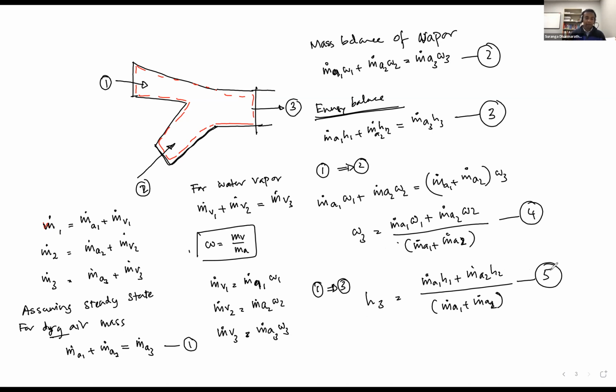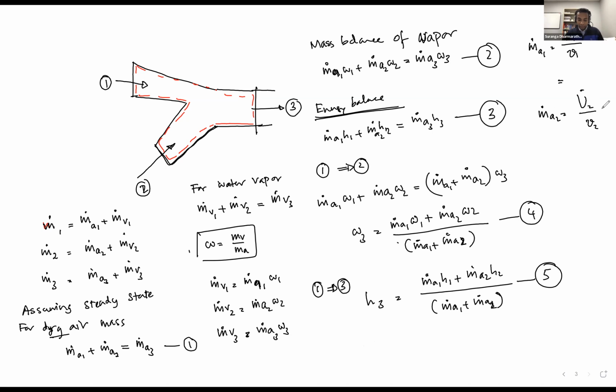Our previous experience tells us that you can find all of these things by using the psychrometric chart. To find m dot a1, I can use m dot a1 equal to V dot 1 divided by v1, and m dot a2 is equal to V dot 2 divided by v2. Now, v1 and v2 can also be found from the psychrometric chart.